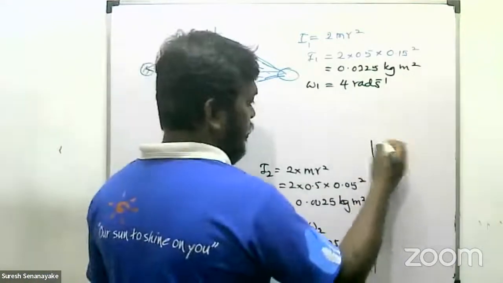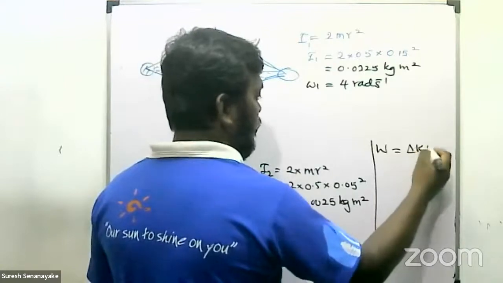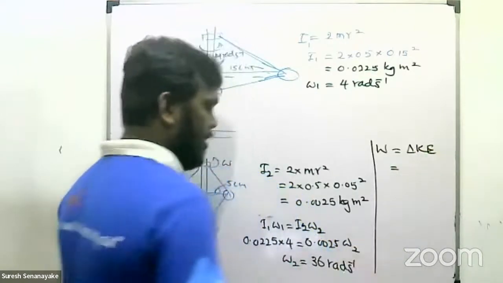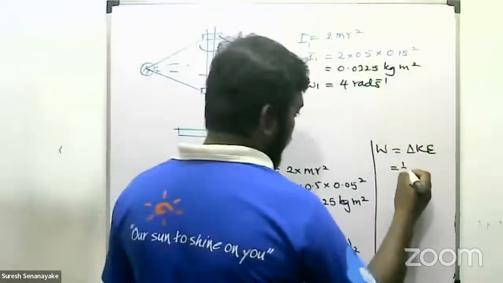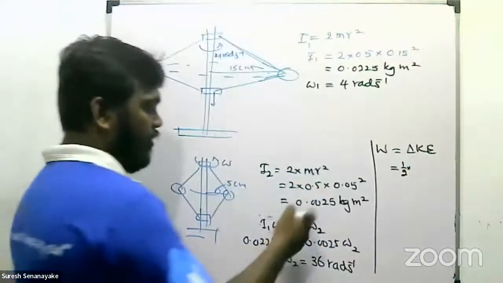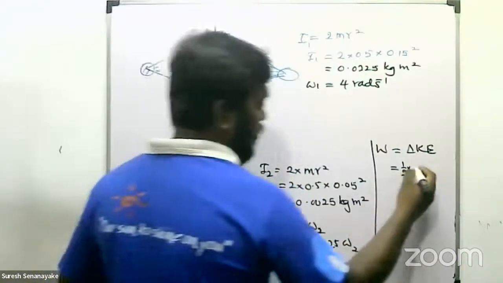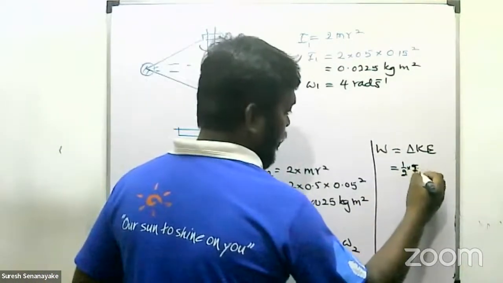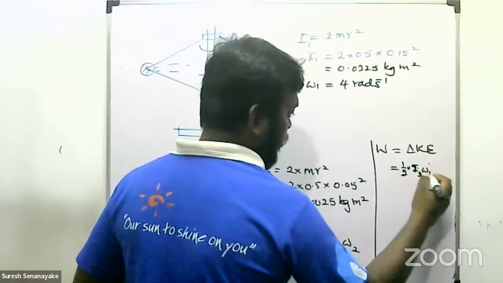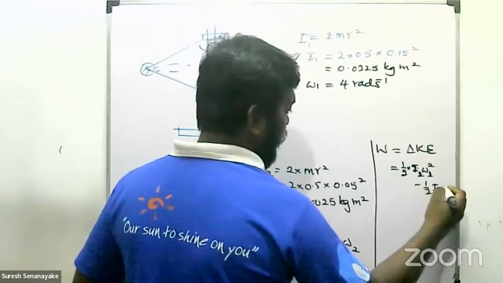Now the work done equals the change in kinetic energy. The final kinetic energy is half I omega square, with I being 2.5 into 10 to the minus 3.